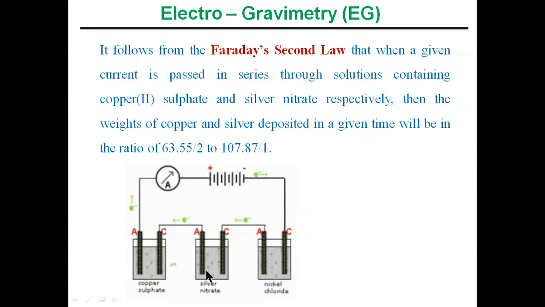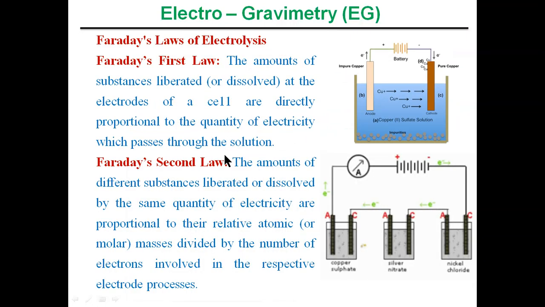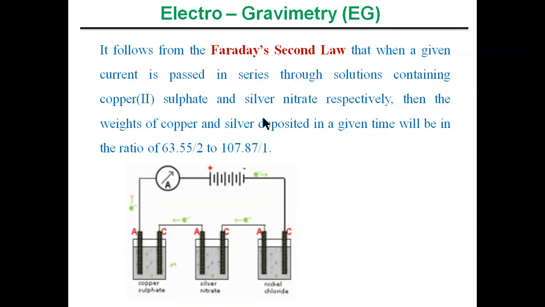So the number of electrons involved during the electrode process is 1. The atomic mass of the silver is 107.87 divided by 1, where 1 is the number of electrons involved in the electrode process. Here, 2 indicates copper plus 2, so the number of electrons involved in the electrode process is 2.